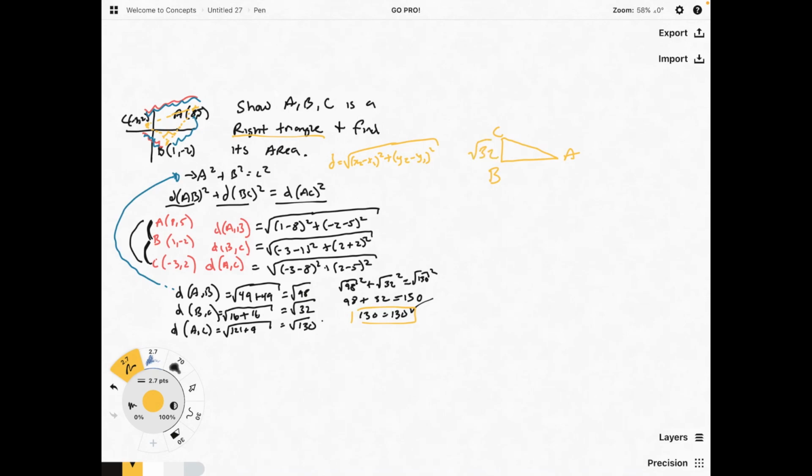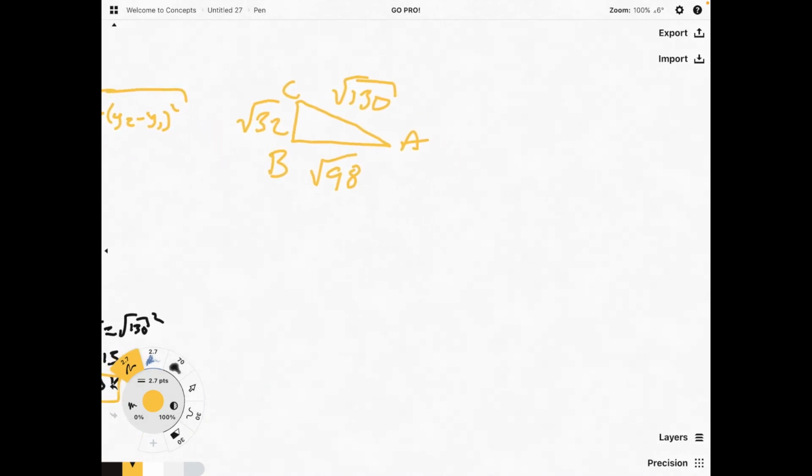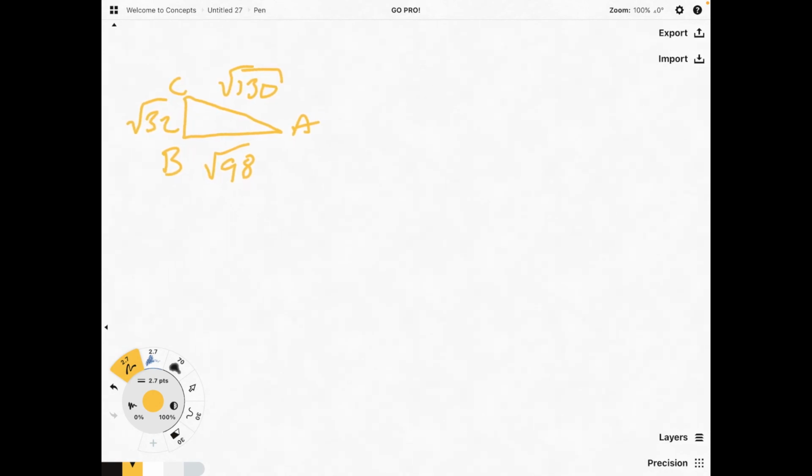We have AB, which is the square root of 98. And we have CA, which is the square root of 130. That's the distance.